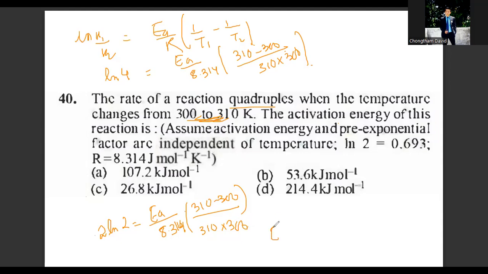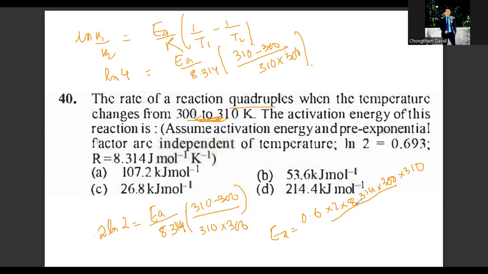Now solve for activation energy. Find the value of log 2. 0.301 into 2 will be 0.602, let us say. Then 2 multiplied with 8.314. This temperature multiplication from the LCM, we'll write it here, 300 into 310. And what you have in the numerator comes in the denominator.